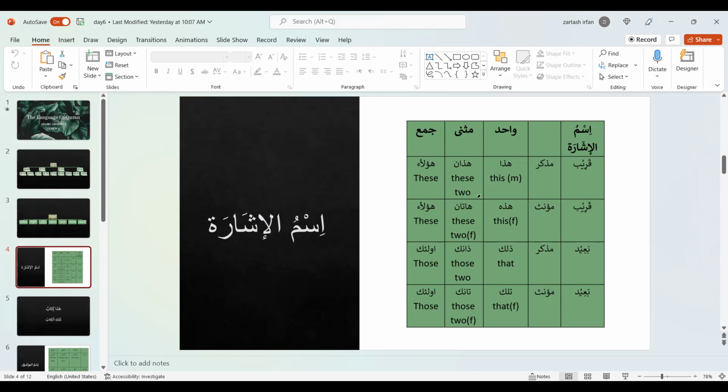Haza, Hazani, Haulai, Hazihi, Hatani, Haulai, Zalika, Zanika, Ulaika, Tilka, Tanika, Ulaika. So this is Ismul Ishara, the pointing words in Arabic, and they are used for the masculine and the feminine gender.